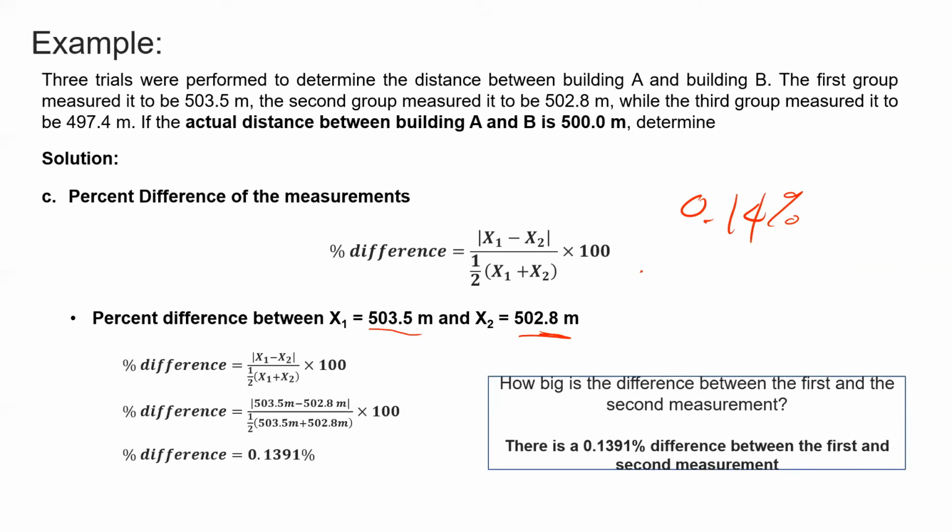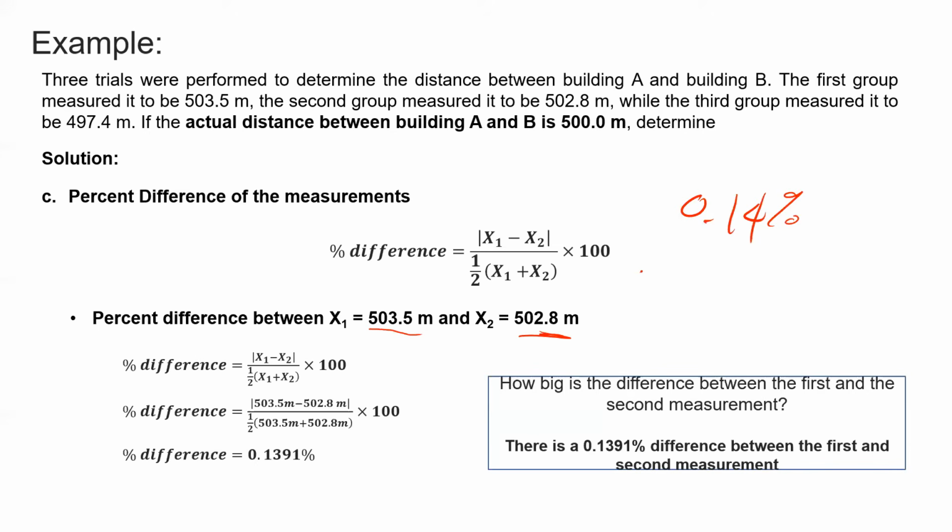So this tells us that 503.5 is 0.14% bigger than 502. So for example dito, meron tayong two values, di ba? Mas malaki si x sub 1 kay x sub 2.